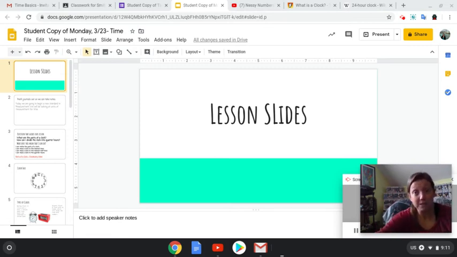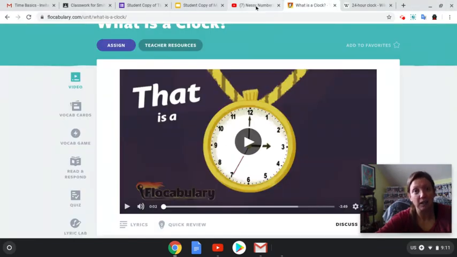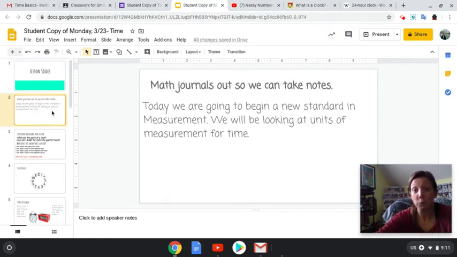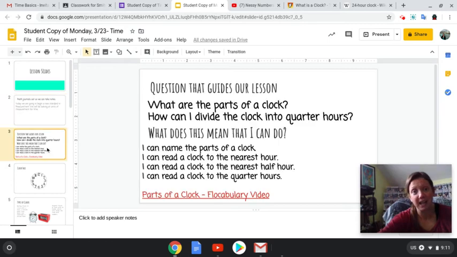So before we start, let's start with this video about what is a clock before we get into our lesson today of measuring time. And we're looking at what are the parts of a clock and how can I divide the clock into quarter hours.